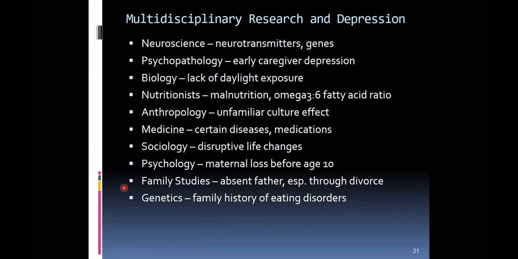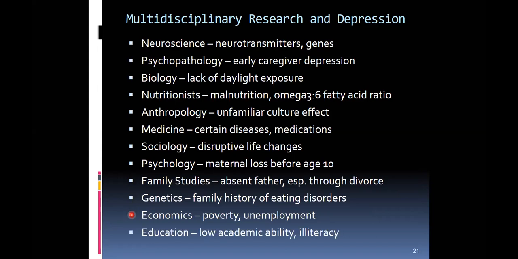Geneticists have found that depression is more common in people with a family history of eating disorders. And economists have noted that depression is more common amongst those who are experiencing poverty as well as unemployment. We're in the middle of that COVID pandemic, and a lot of people are unemployed. Boy, we've got to watch out for people getting depressed.